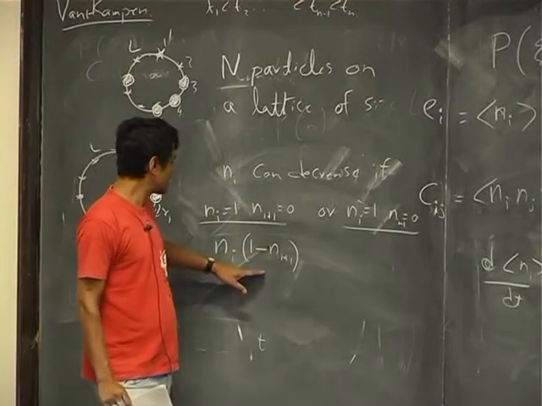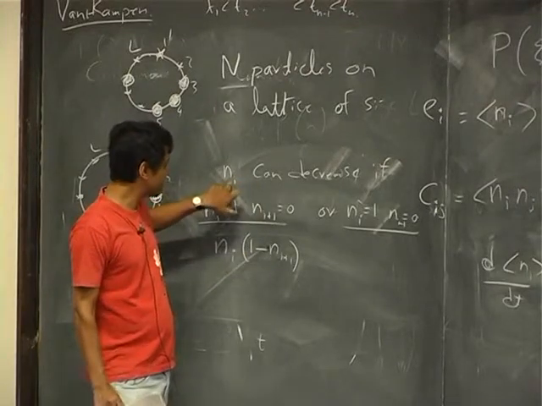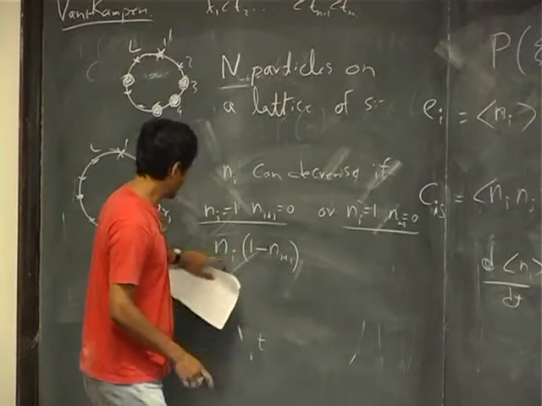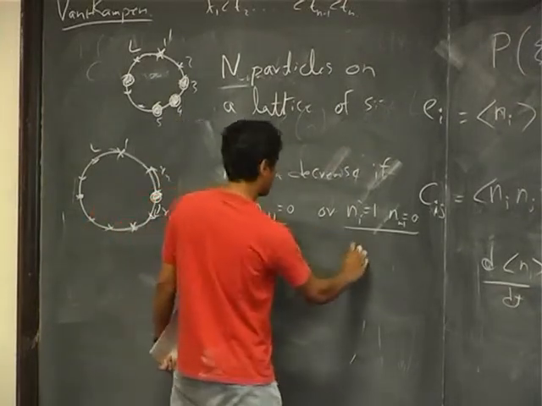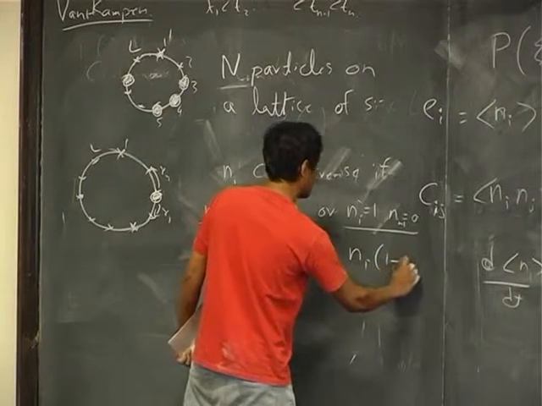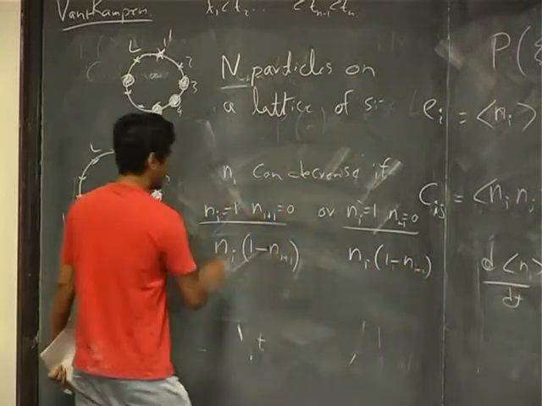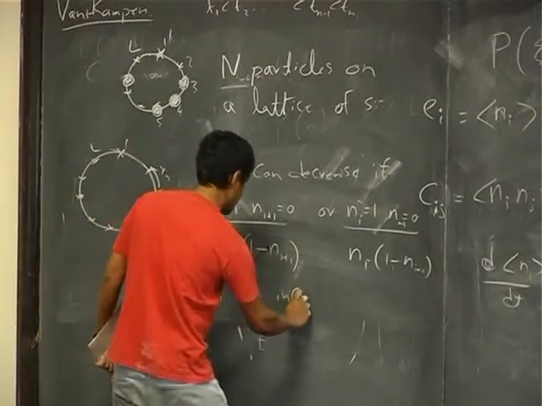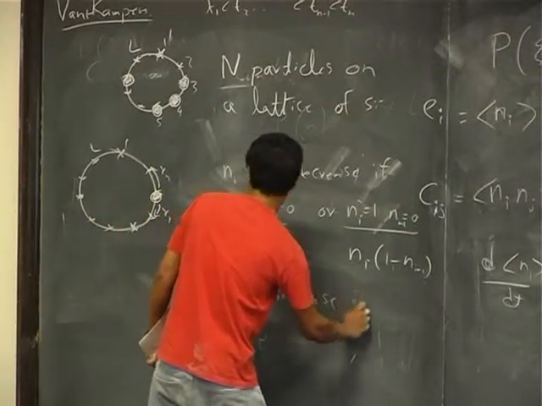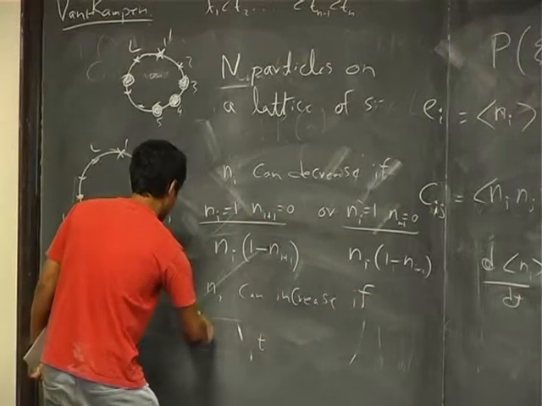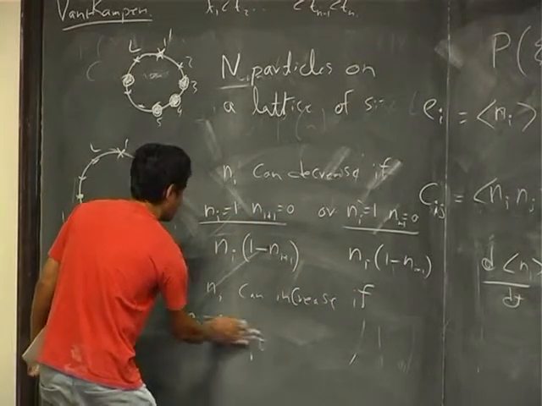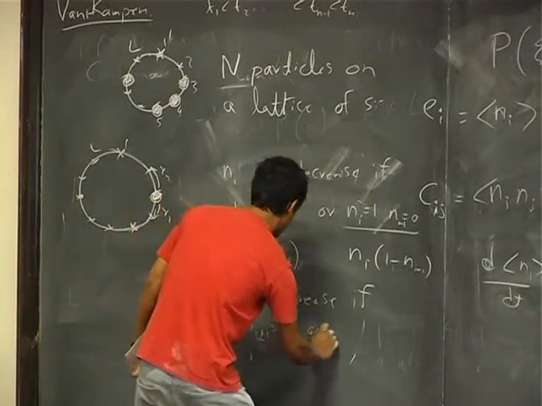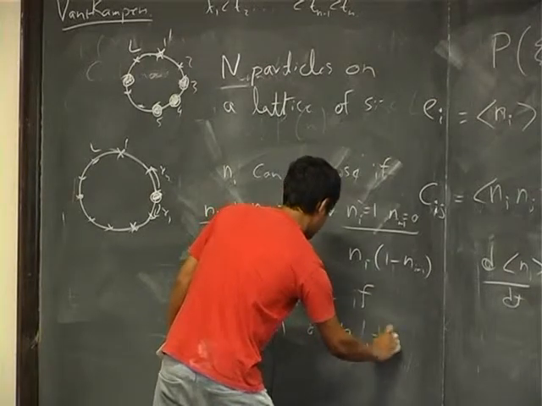And in this case, there's a probability that this will increase because this can just go to here. Okay, so this and this will be what? So this will be N_i(1 − N_{i−1}), and N_i can increase if N_i is 0 and N_{i+1} is 1, or N_{i−1} is 1, right?